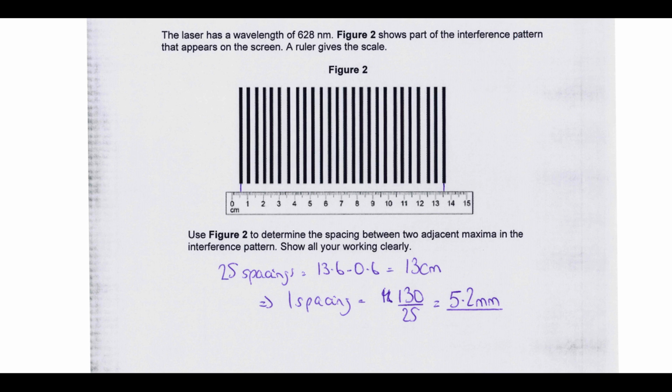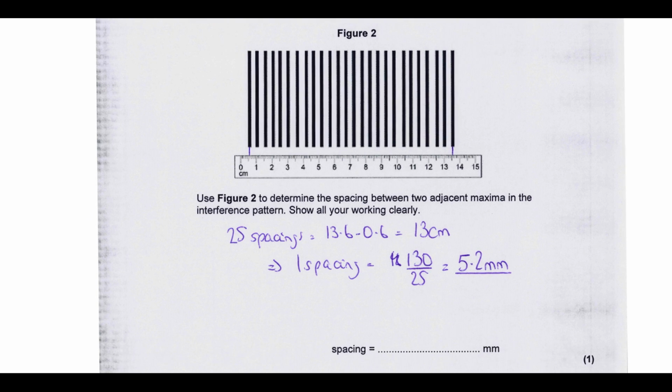That's what you can see on the diagram. I've measured from here to here because you want to measure as long as you can, because that minimizes your percentage uncertainty. And then having done that, convert that into what one spacing represents. So that's what you should have done. If you did anything other than that, or measured smaller distances, you would have lost the marks for this one.